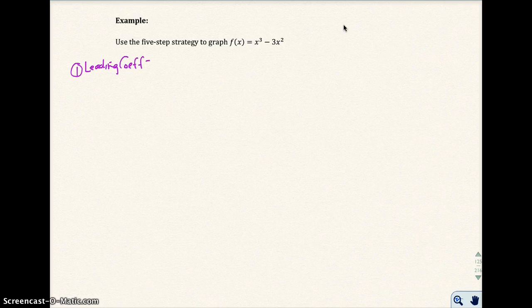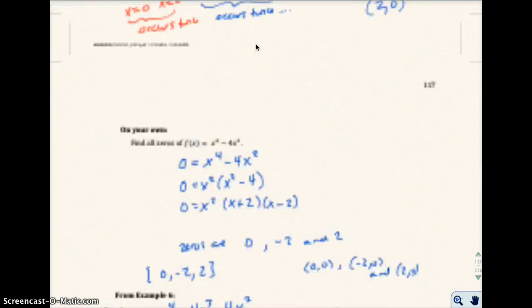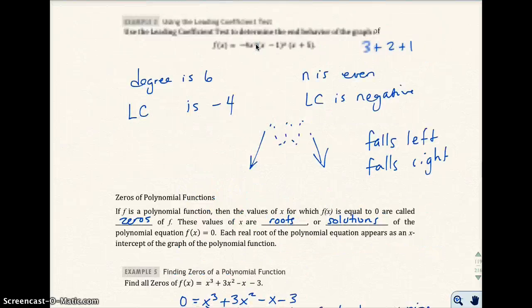And it looks like my degree is odd, so n is odd, and my leading coefficient is positive. So I'll look back at my leading coefficient test. Again, this will be next to you when you're doing your work, of course.